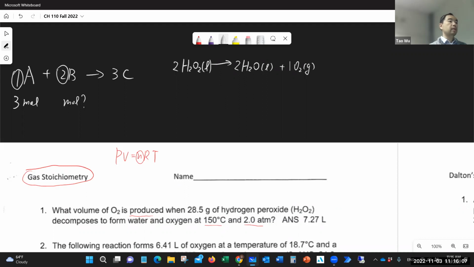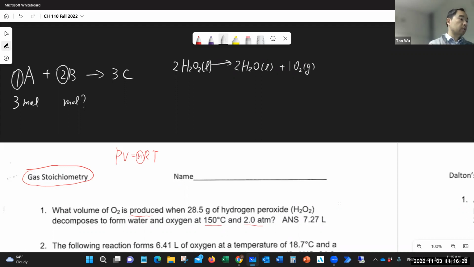This is the equation. The equation tells us 2 moles of hydrogen peroxide can decompose to 2 moles of water and 1 mole of oxygen. So let's think about what we have.